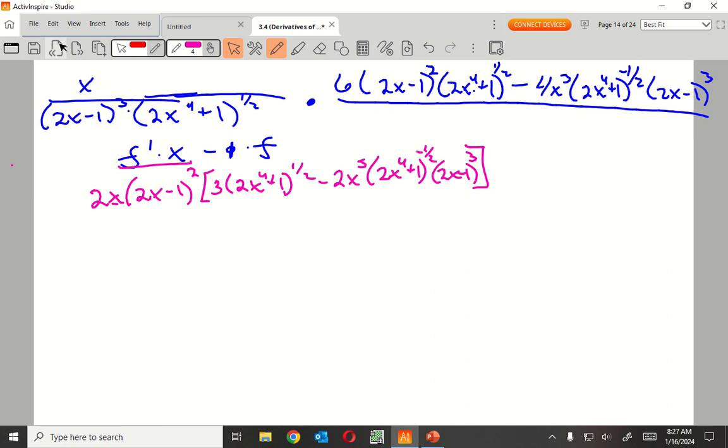Times minus my f, my original f, which is going to be 2x minus 1 third times 2x to the fourth plus 1, 1/2.